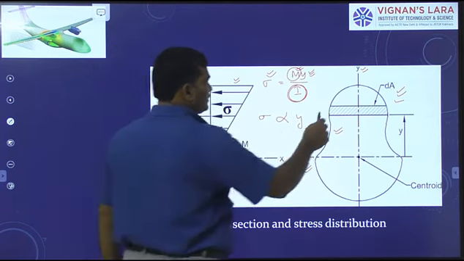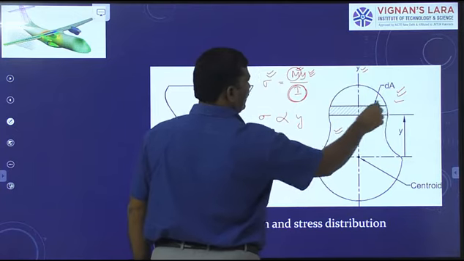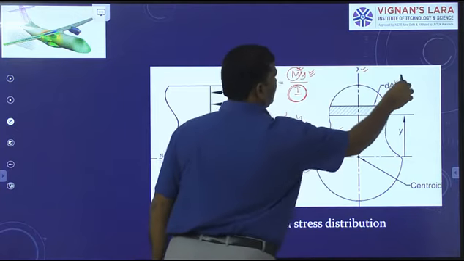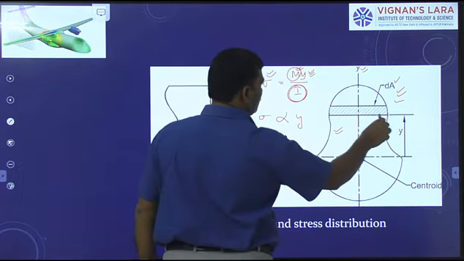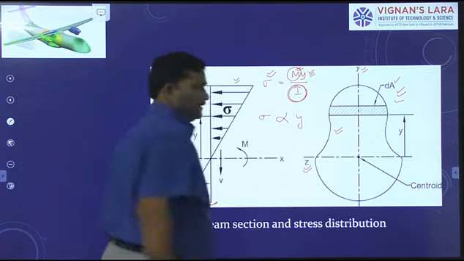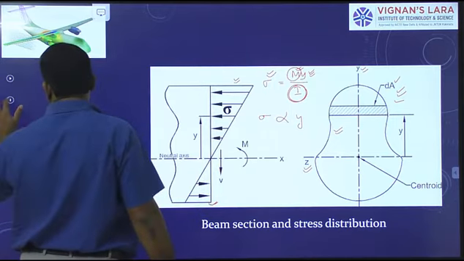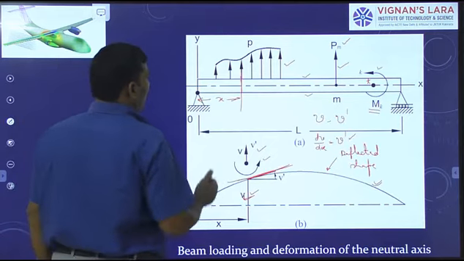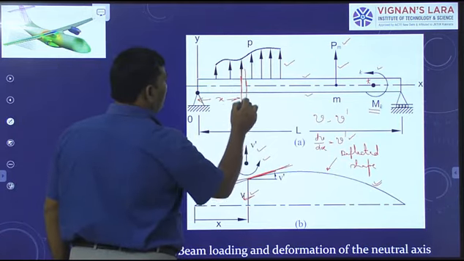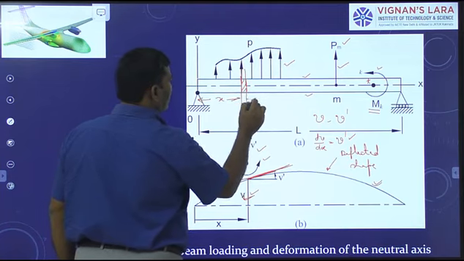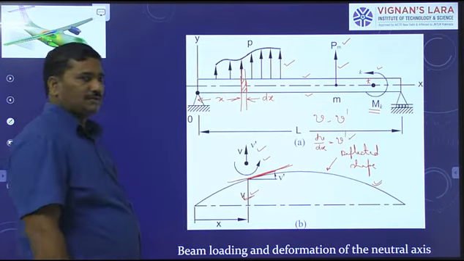Now, what is this? This is an infinitesimal element of area dA. I assume that this section is considered on the beam distant x units from the first end. Therefore, the thickness of the section is dx. Understand carefully.